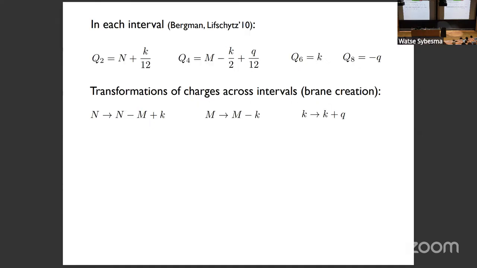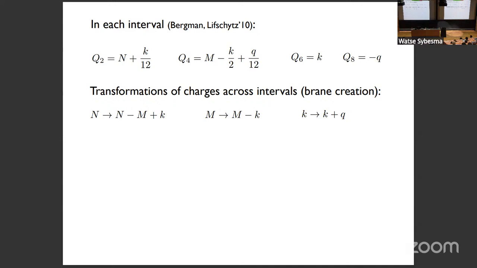So here something nice happens, because what you see is that when you do this mapping between the page charges that you compute from your fluxes and the actual number of branes in each interval, what I was telling you before that you need to do in ABJM, you need to do here as well, because you add to that the contribution of the D8 branes, you find these relations.